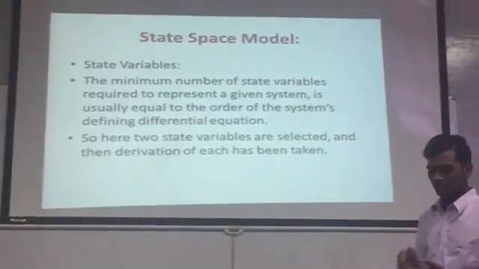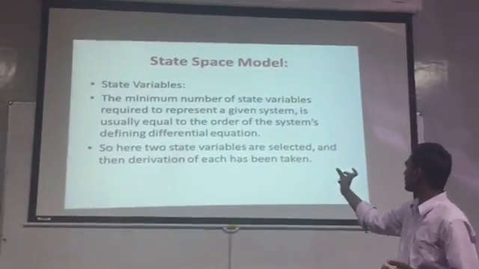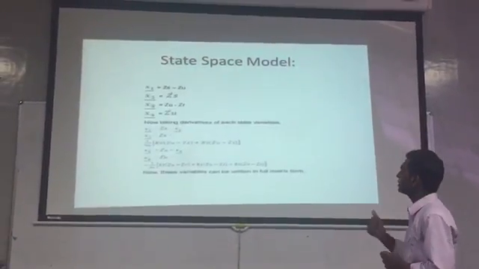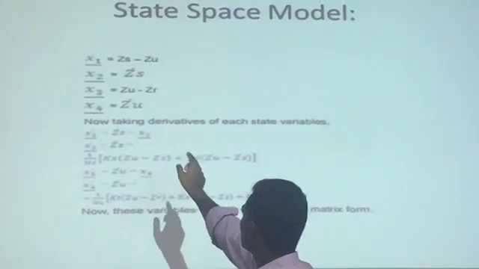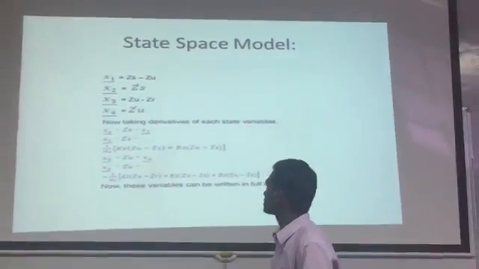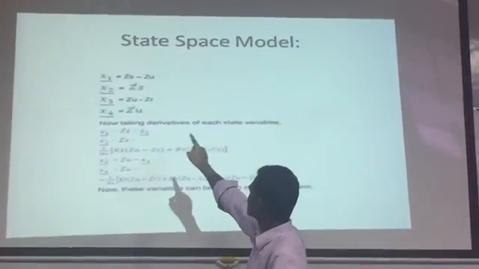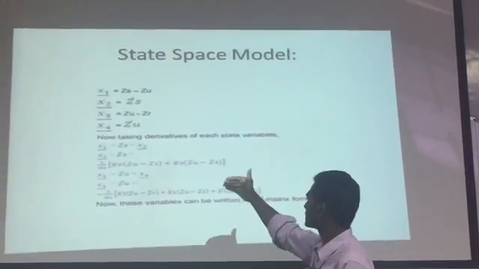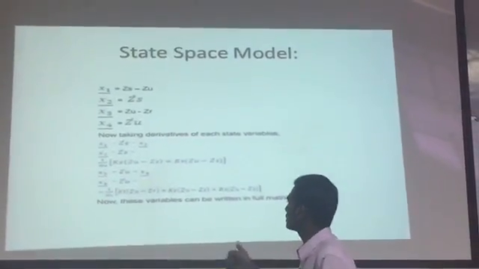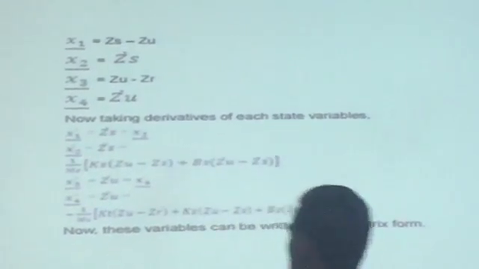Because the quarter car model has 2 degrees of freedom, we consider at least 2 state variables. So we have considered the state space variables x1, x2, x3. As you see in the equations of both the sprung and unsprung mass, by differentiation of z1, z2, z3, we get z1 dot, z2 dot.